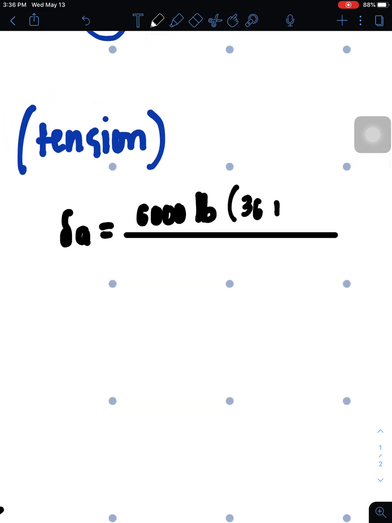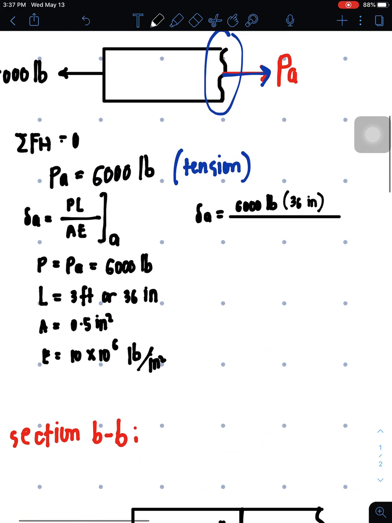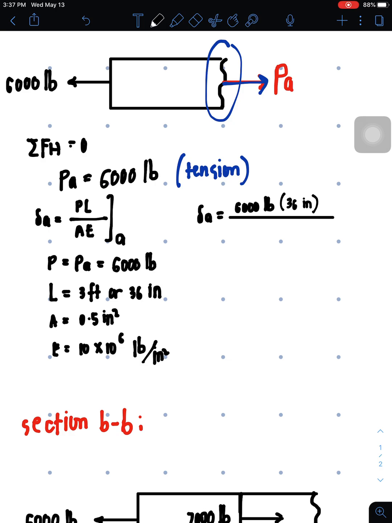How did I get 36 inches, by the way? I multiplied 12 inches by 3 feet. That's the conversion: in 1 foot there are 12 inches, so we multiply the 3 feet by 12 inches. That's 36.